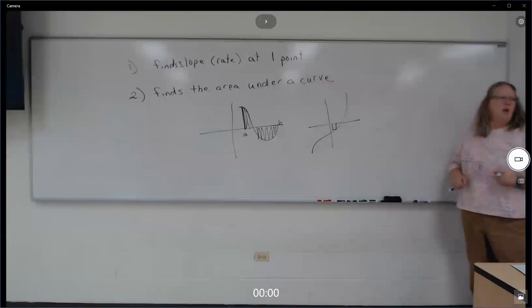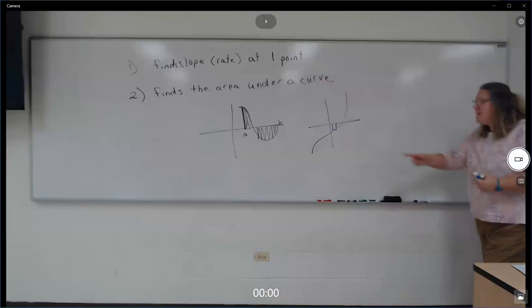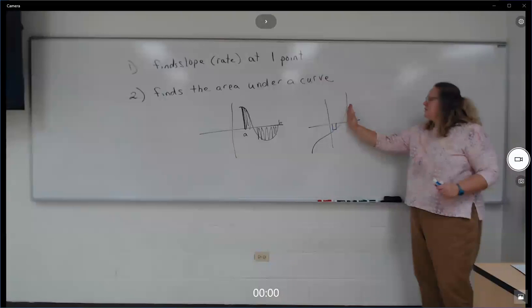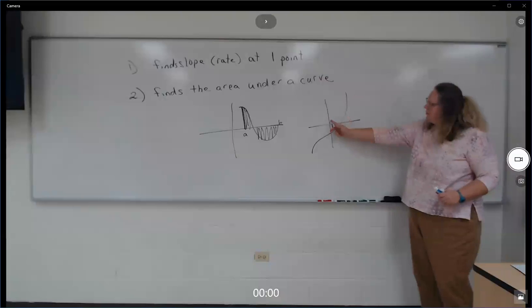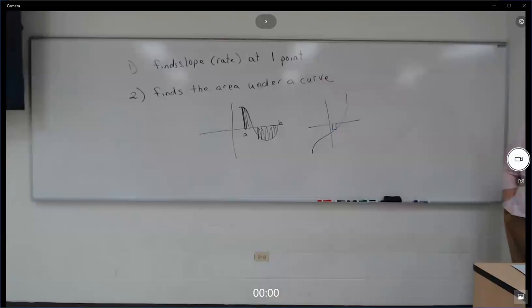Does that make sense? You have to go from the x-axis to the graph. If the rectangle went below, that's okay, I just started the problem over here. But it's going from the x-axis.